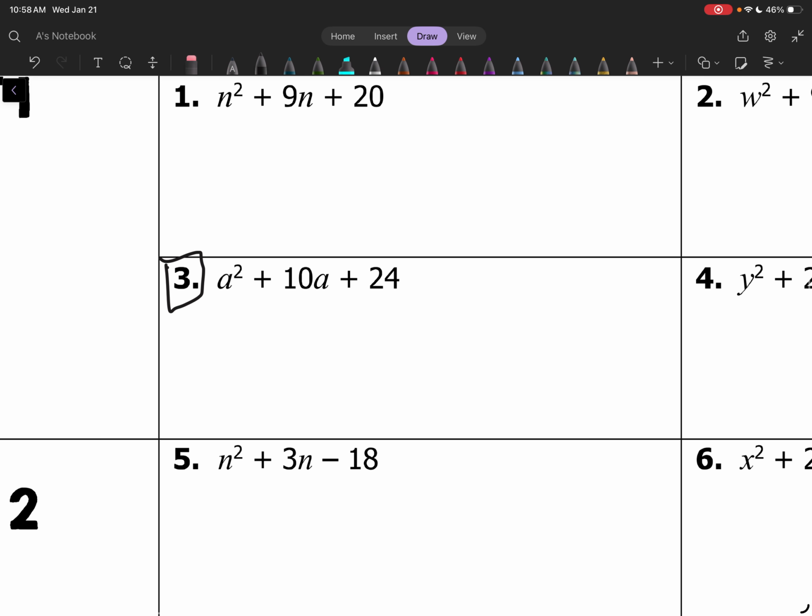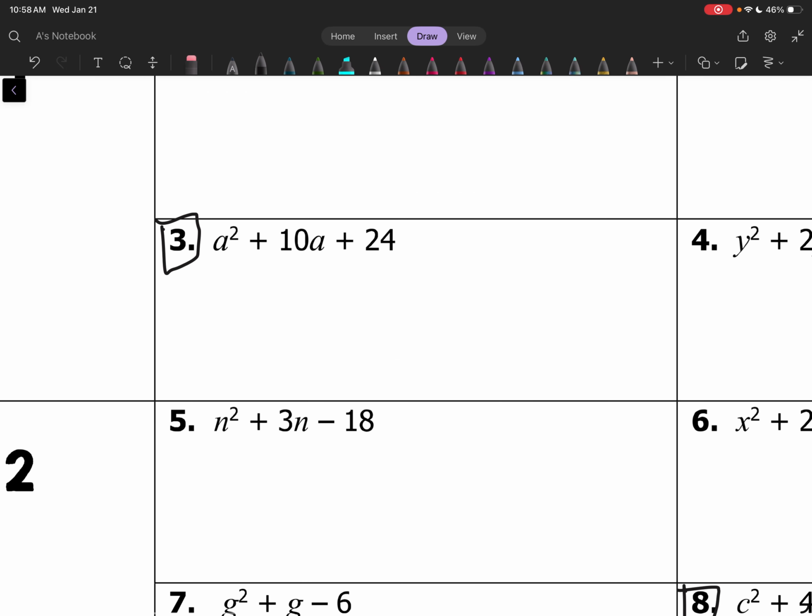For number 1, a squared plus 10a plus 24. My factors of 24: 1 and 24, 2 and 12, 3 and 8, 4 and 6, and that's it. The bigger number has to be positive.